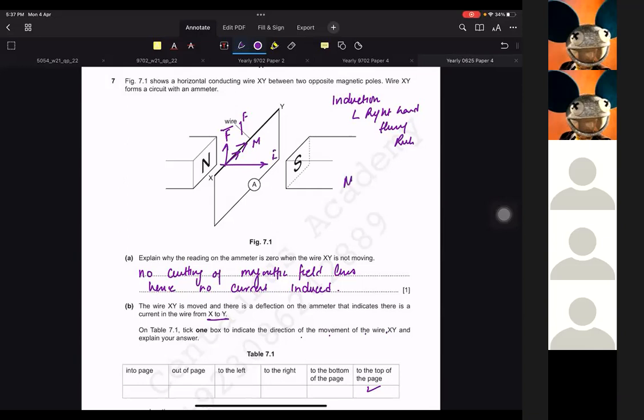For the motor effect, where there is a force generated because of your current and magnetic field, you use the left hand Fleming rule. What are you confused about? Sir, I was confused that I was using the left hand rule on this one. No, you have to use the right hand Fleming rule because this is induction. Remember this: whenever current is induced, you've got to use this.